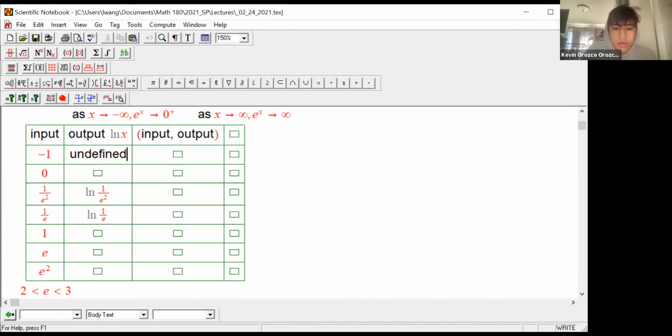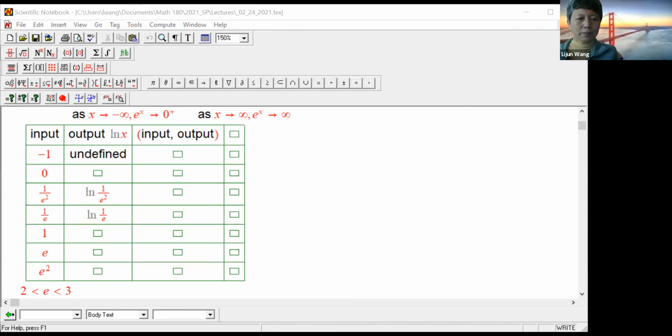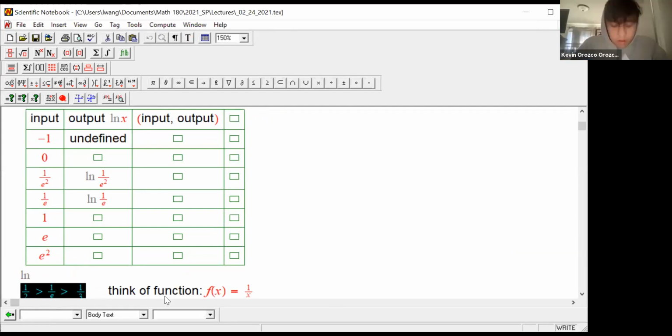Jessica says she cannot see the screen. Do you see the screen now, Jess? Jessica? Okay, she will try to relog in. Why is it undefined? Oh, sorry.